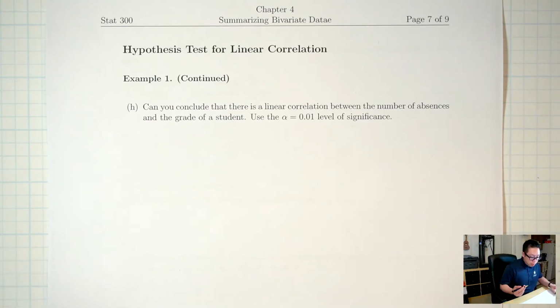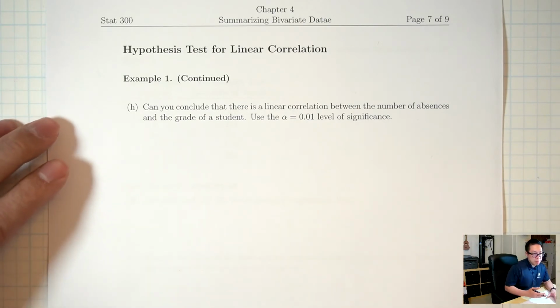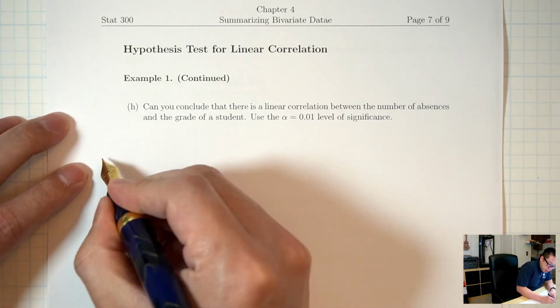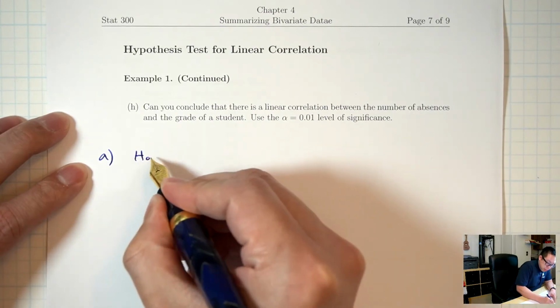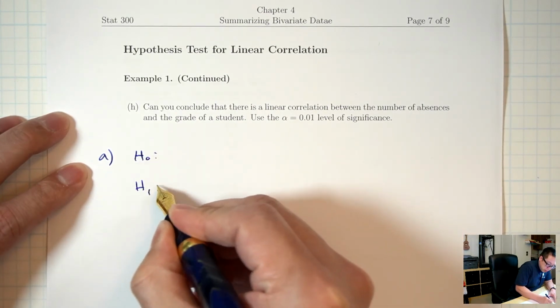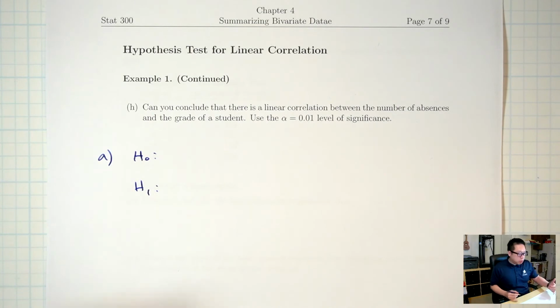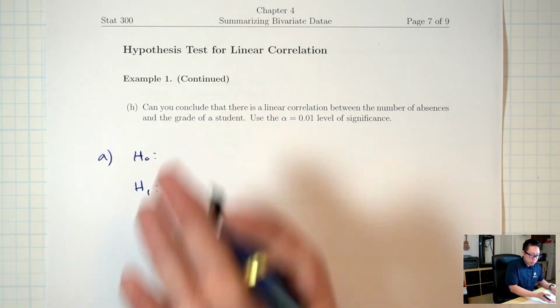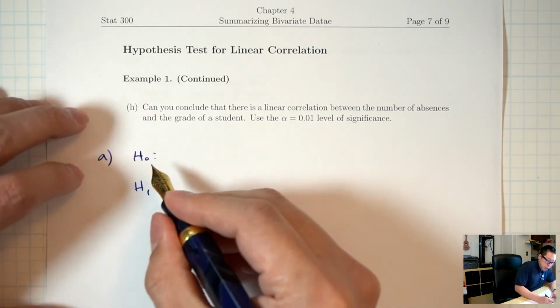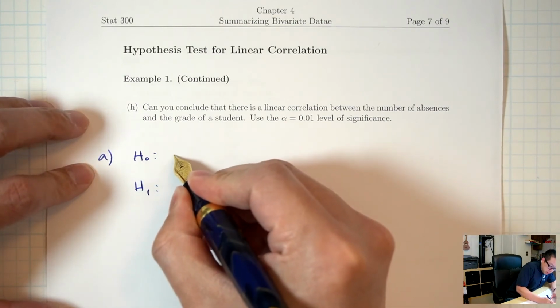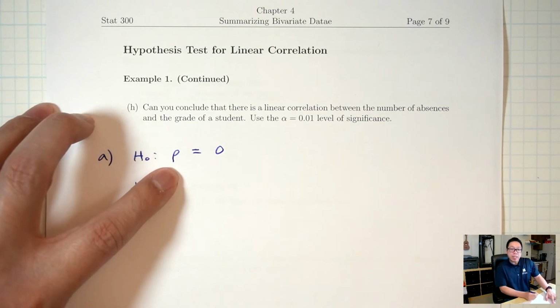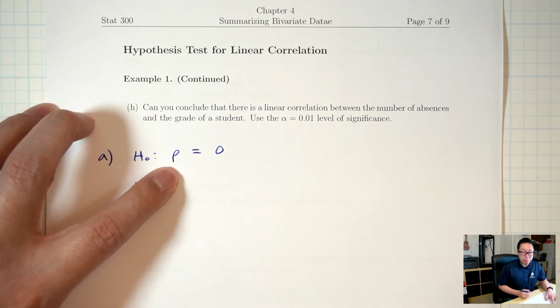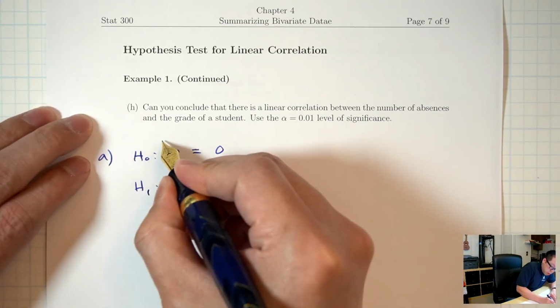In our typical hypothesis test, we had about 6 parts. Part A is the null and alternative hypotheses. The H0 and H1 for a hypothesis test for linear correlation: H0 is going to say, and that symbol looks like a P, but it's not a P, it's the Greek letter rho.